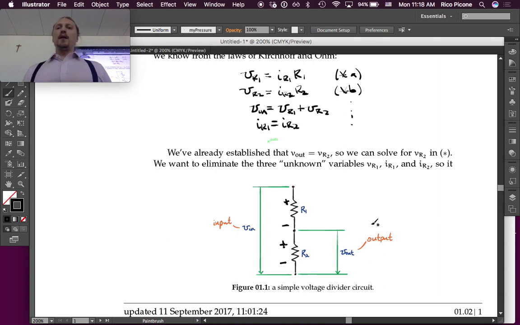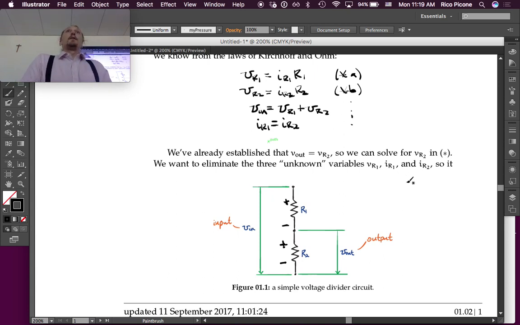So we can solve for VR2 in terms of these four equations that we have above. We want to eliminate the three unknown variables, VR1, IR1, and IR2, right? Since we have four equations, we want to solve for one of the unknown variables, VR2.